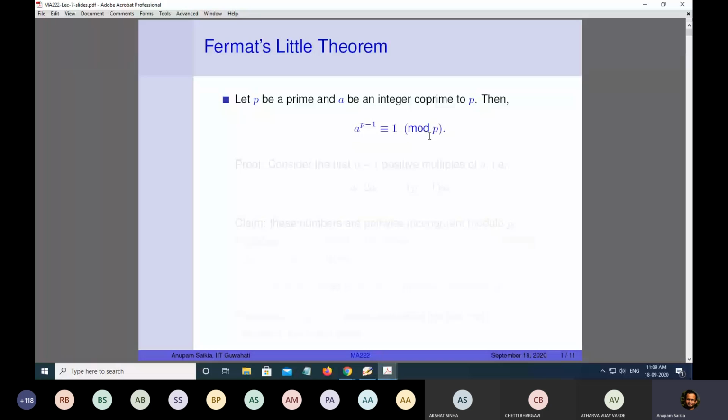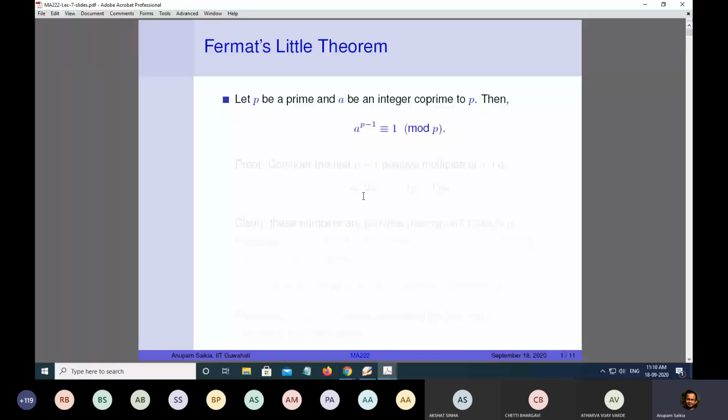As I said, we'll generalize this later. Otherwise, obviously, we'll run into difficulty, like 5 to the power 5 is not 1 mod 6.